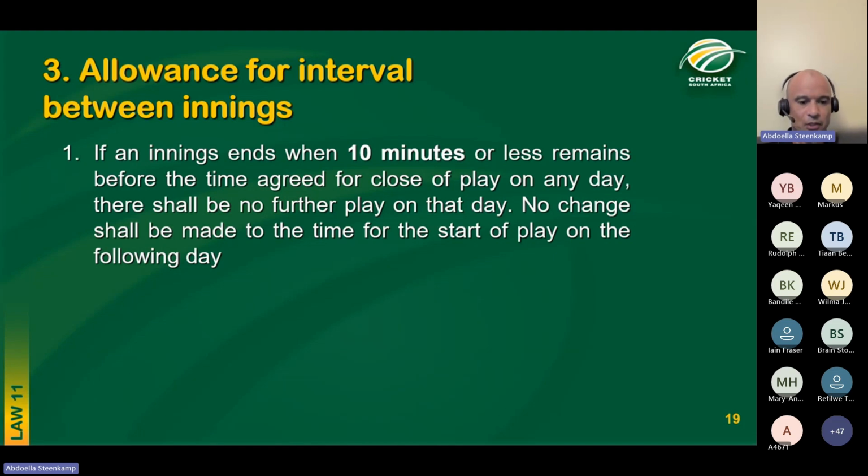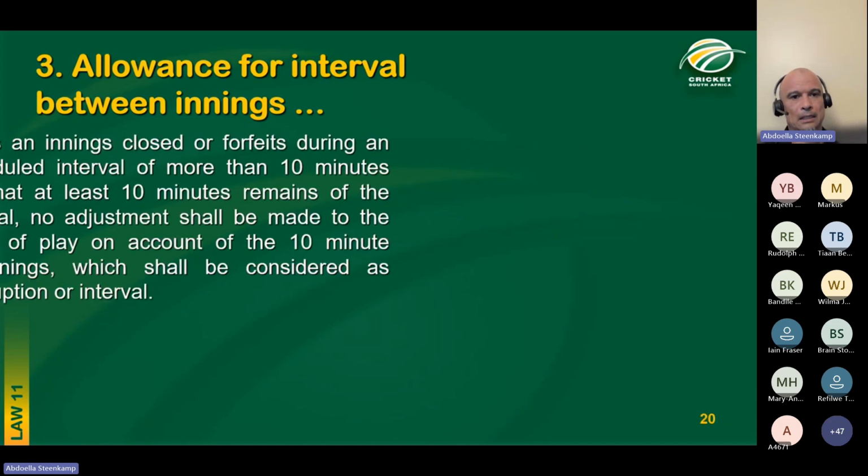We know close of play is 5 o'clock. So it's end of the day's play at 16:52. Yes, we stopped 8 minutes earlier. But the law further guides us by telling us we won't start 8 minutes earlier the following day.